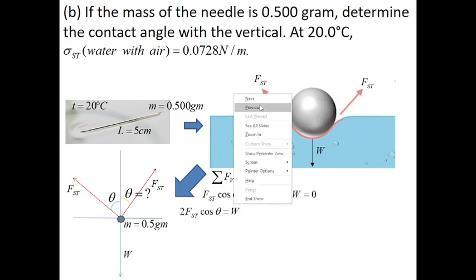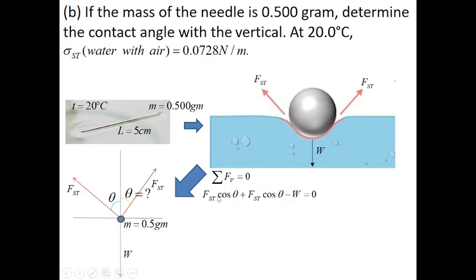Again, we apply Newton's first law of motion. We sum up forces vertical equal to 0. So, how did it become FST cosine theta? Recall SOHCAHTOA. For cosine, it is adjacent over hypotenuse.